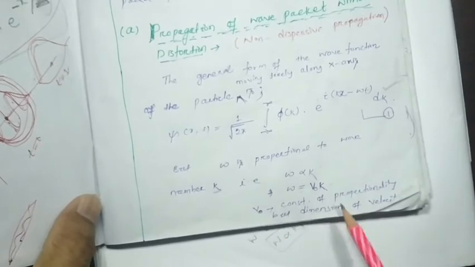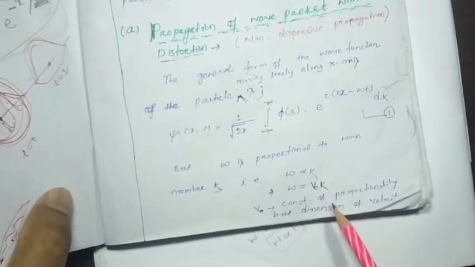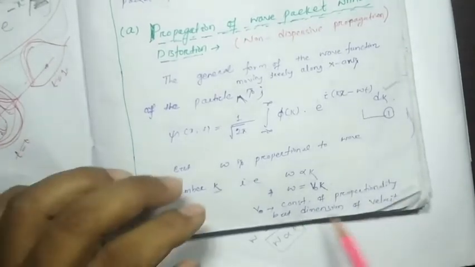Here v0 is the constant of proportionality, with the dimension of velocity.